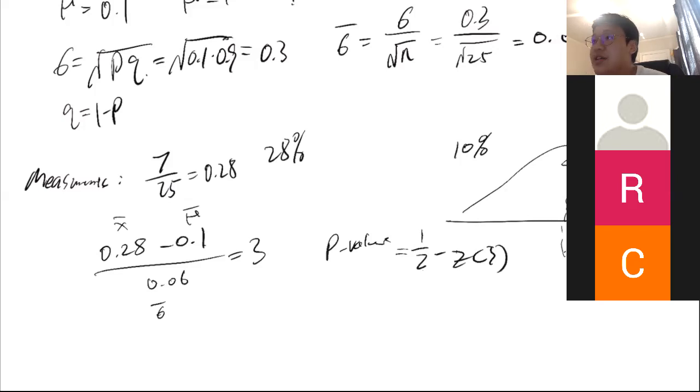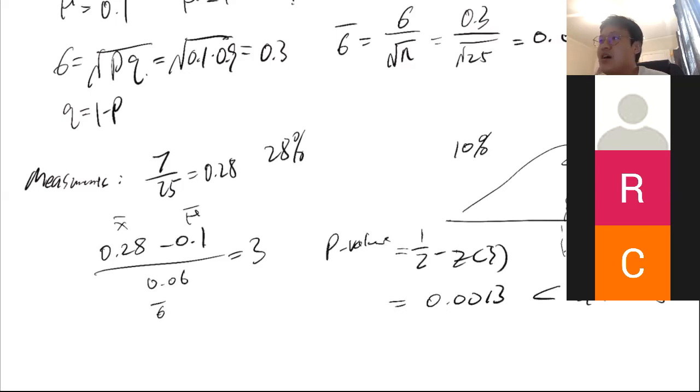So the p-value in this case is just half minus the z of 3, which is about 0.0013. And we know that the p-value is less than alpha, which is 0.05 as given.